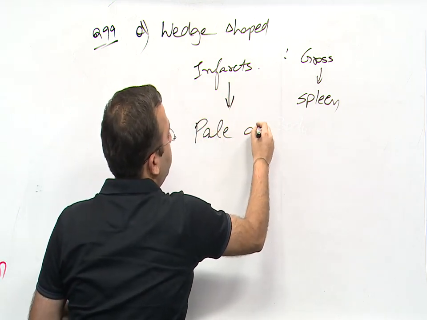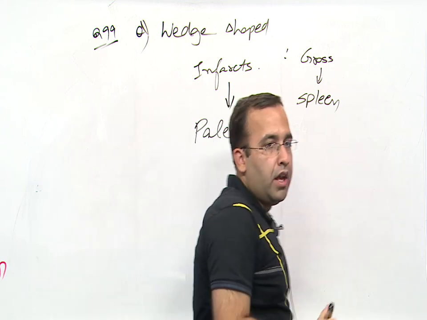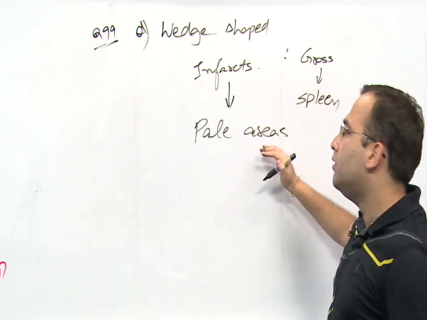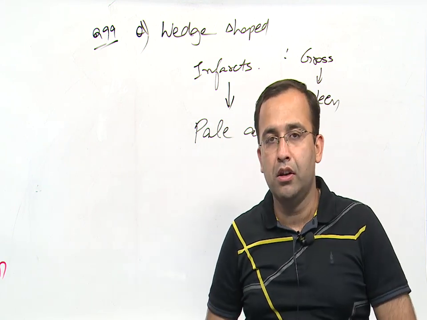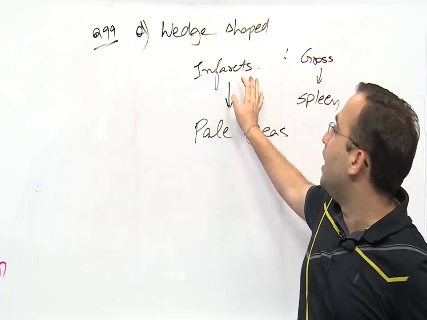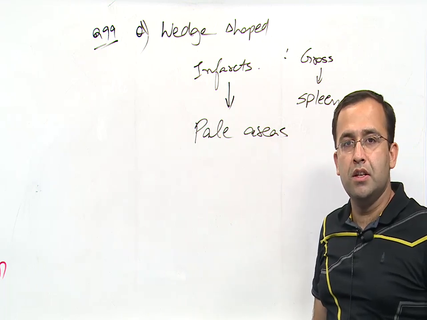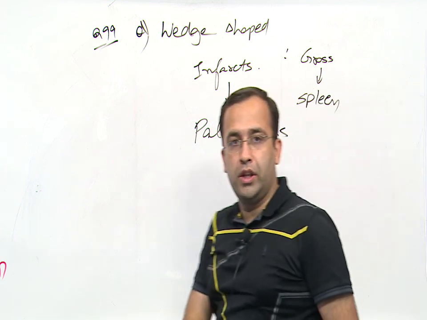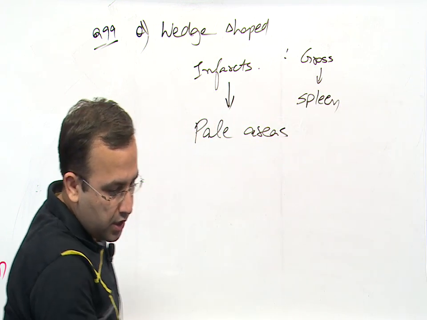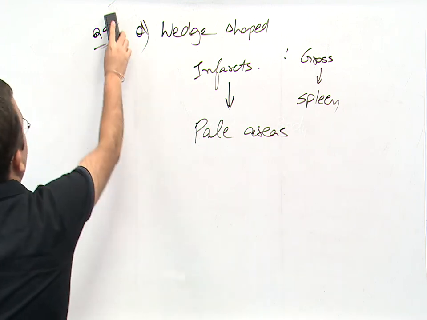They are the pale areas that we are seeing in spleen. So the answer is infarction. Okay. This gets us to the next one, that is 100.